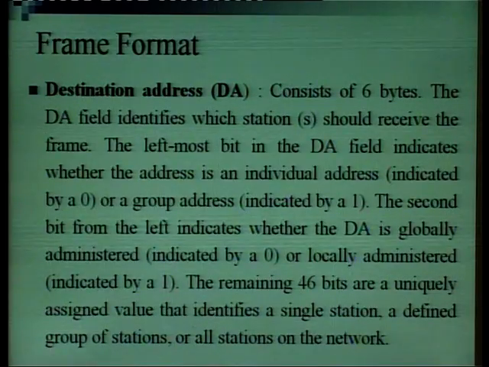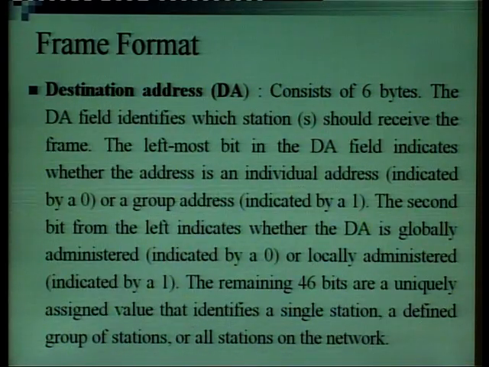In the destination address, we have to specify the address of the destination which receives the frame. It can be an individual address or a group address, depending upon the value of the destination address. It consists of 6 bytes. The destination address field identifies which station should receive that frame.